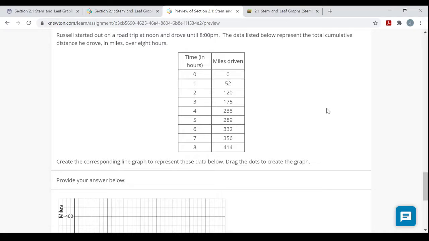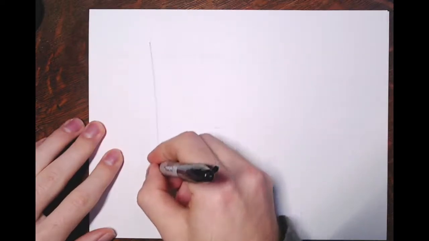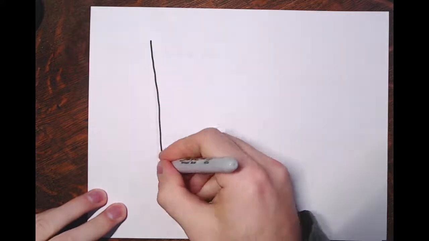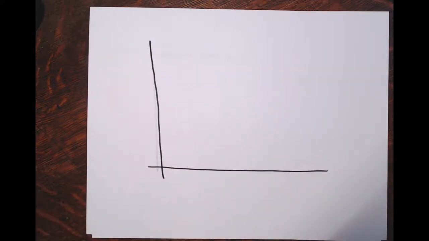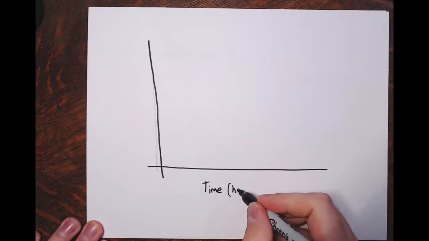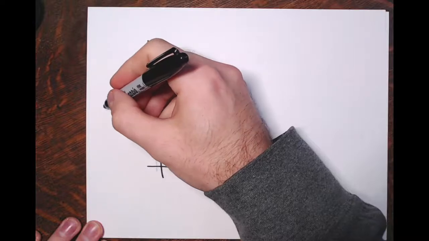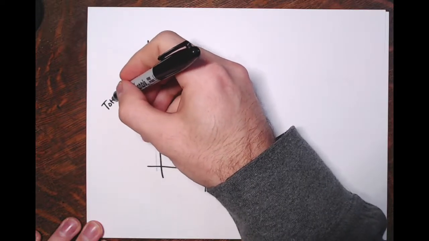So if I were doing this by hand, let me show you real quick. I'm not going to do the whole chart, but if I were drawing this out by hand, okay, here we go. Nice dark marker here. We'd have time in hours on the bottom here, time passing. And then over here, now they said total miles driven in the problem.